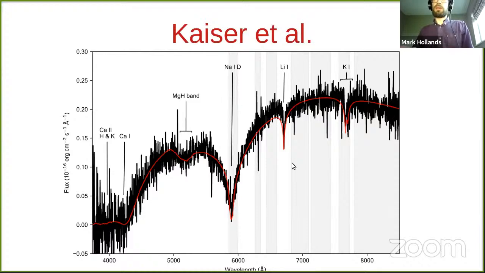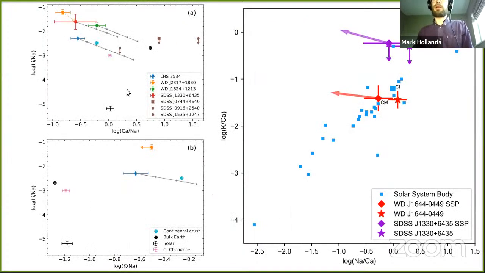But if we go back to the abundance plots that I showed before, this one, and compare with their plot, they show their new object 1644 in red, and compare that with some solar system bodies. Ignore the purple ones, which are upper limits. But if we take their data and put it on our plot, it appears up here. So it's consistent with the other systems.